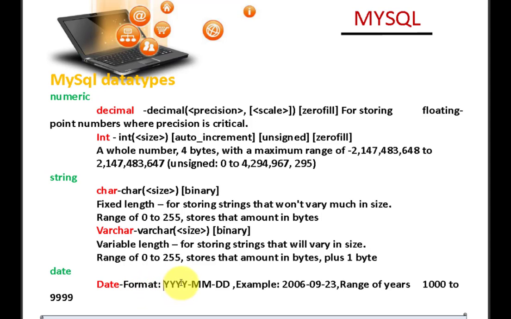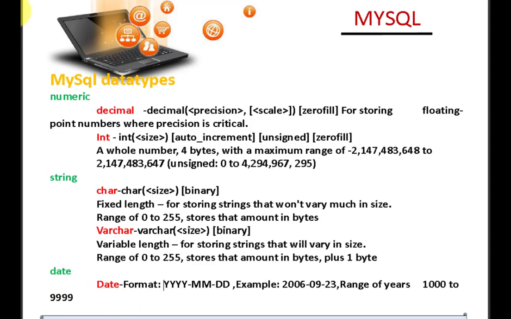It will store your date as YYYY-MM-DD, meaning first the year, then the month, and then the date. For example, 2006, 9 and 23: 9 is the month, 23 is the date, and 2006 is the year. So this is the date data type.